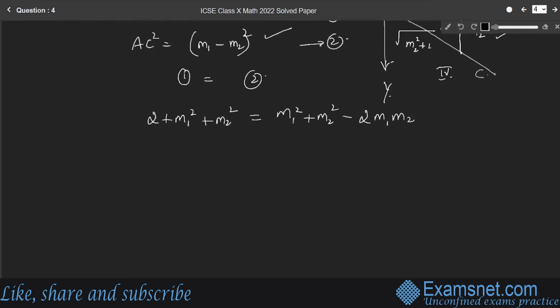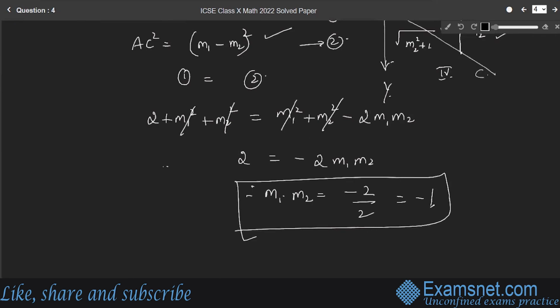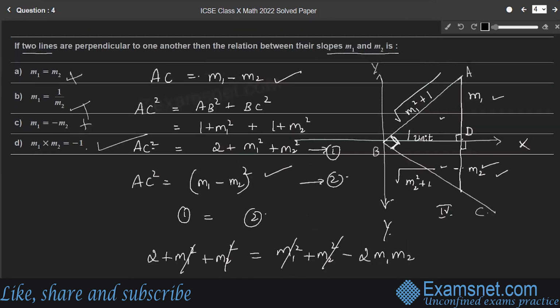Therefore, we can cancel M1 square, M1 square, M2 square, M2 square. So 2 is equal to minus 2 M1 into M2. Therefore, M1 into M2, the product of two slopes, is minus 2 by 2, which is minus 1. Therefore, product of two slopes is always minus 1, hence option D.